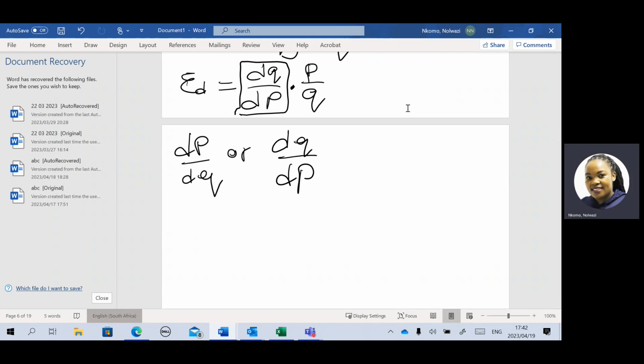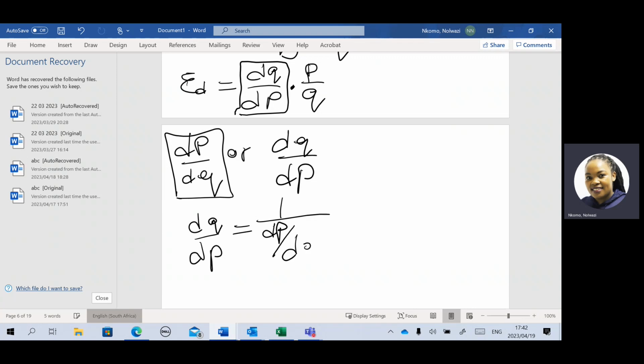Just use this trick. Let's say you have the derivative of P with respect to Q. The derivative of Q with respect to P will equal 1 over the derivative of P with respect to Q, right?